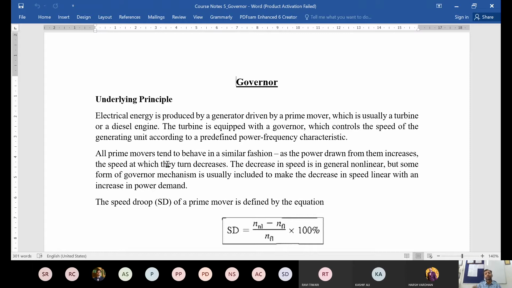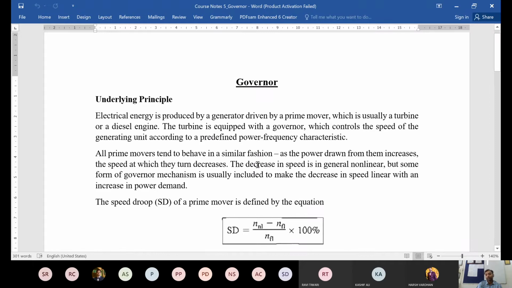Due to this extra power demand and the same power coming from the input side, obviously the machine will slow down. The rotation speed will tend to slow down. If you look at the actual characteristic or the details of the mechanism, this decrease in speed is non-linear in nature. But this governor mechanism is designed in such a way that this decrease in speed can be approximated with a linear curve.